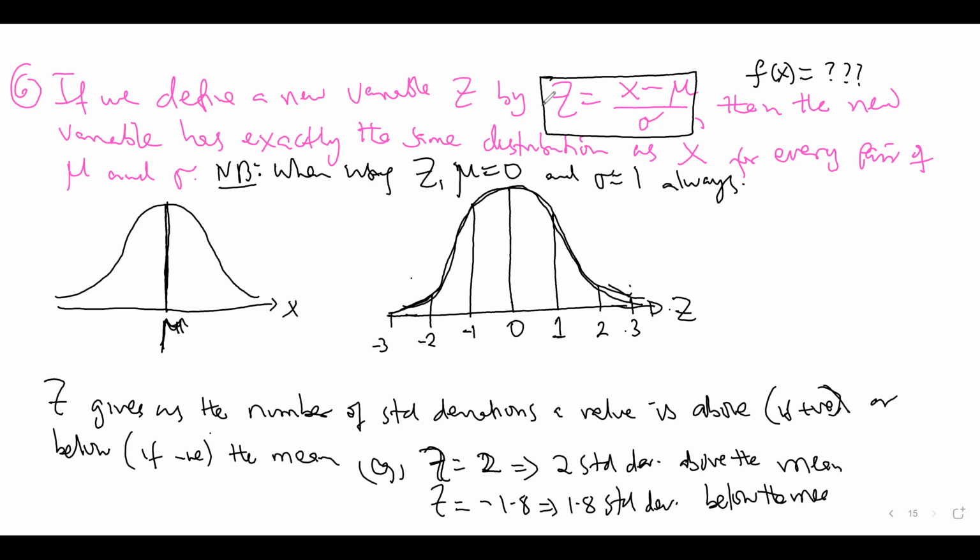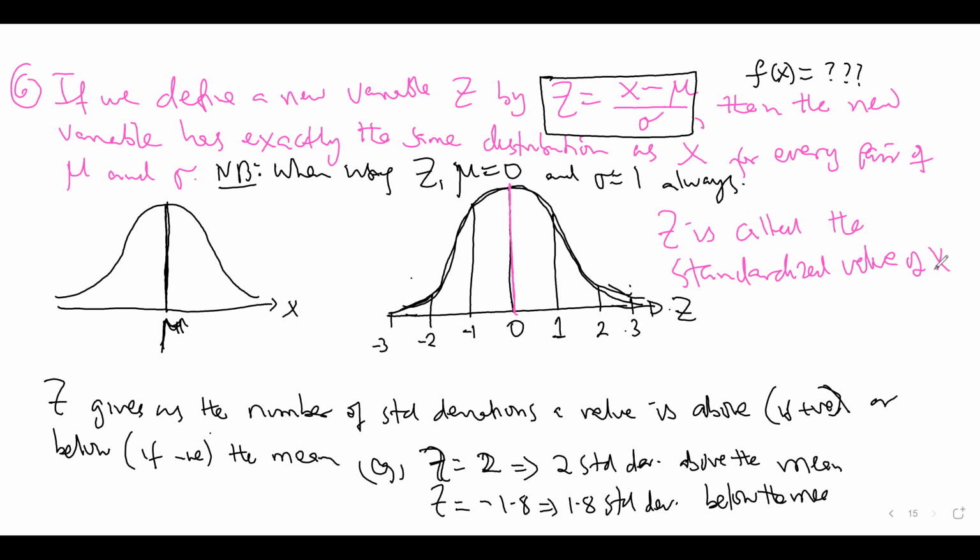You will realize that when we're dealing with this new variable here, I think I need to give it a name. So we say that here, z is called the standardized value of x.